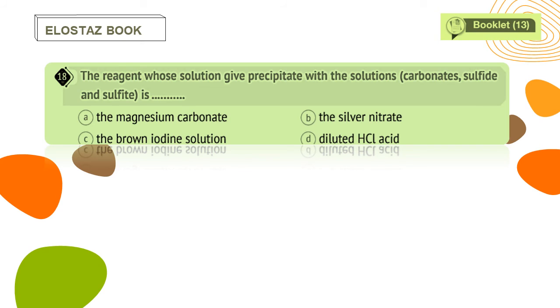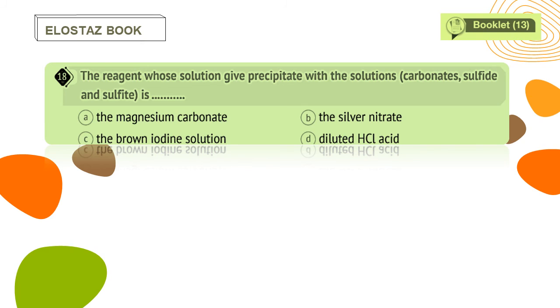It will be precipitated, may make it stronger than all three. So we have carbonate, not a stable or stronger salt. We have silver nitrate. We said, I think it's the third time that we discuss a question belonging to the nitrate anion, NO3 negative, and we have brown iodine solution, which will not make a precipitate.